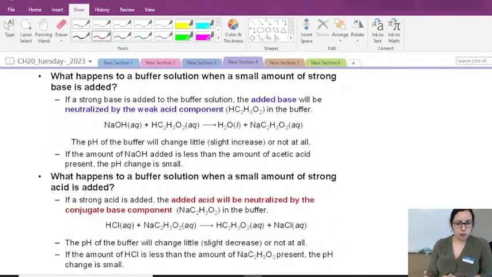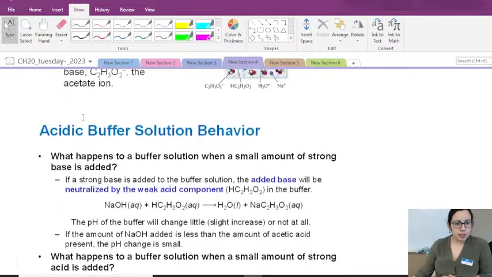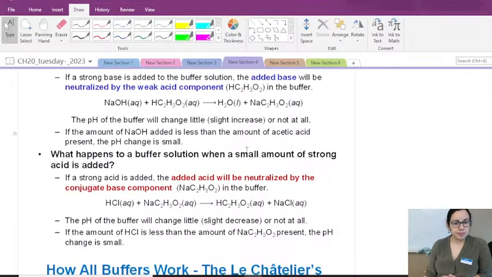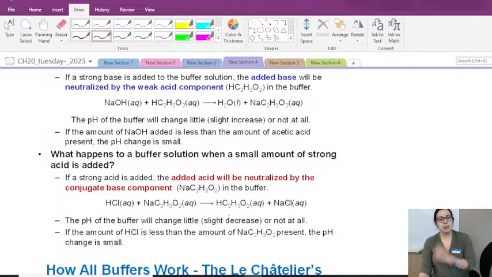And so it kind of works. So if we have, in this case, if we add a base to our buffer solution, then it's going to react with our acid to neutralize it. If we add an acid, then the acid will react with our conjugate base, or react with our sodium acetate species to reform our acetic acid, and then of course salt.